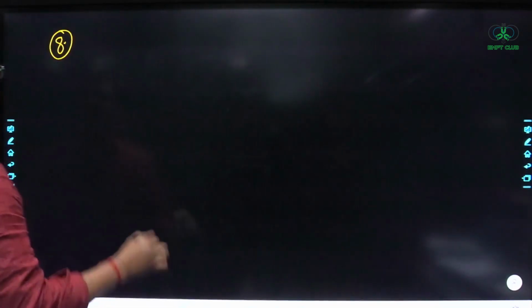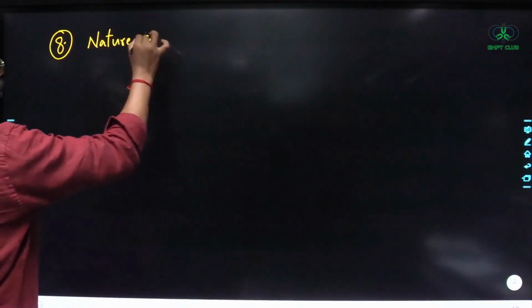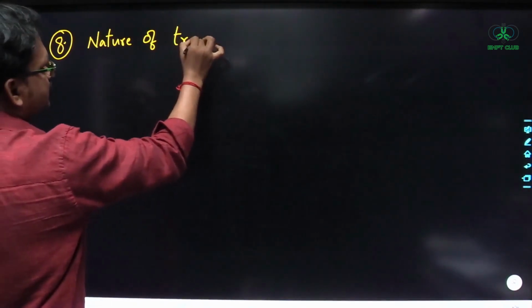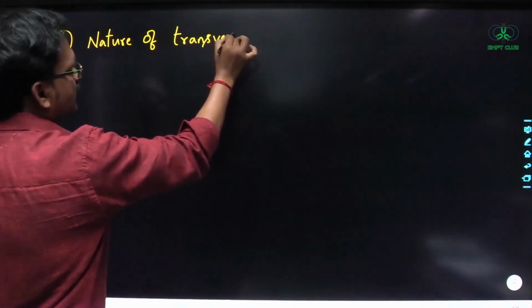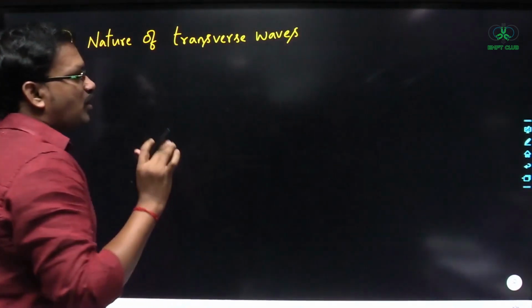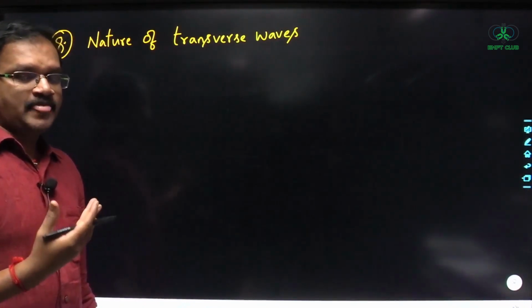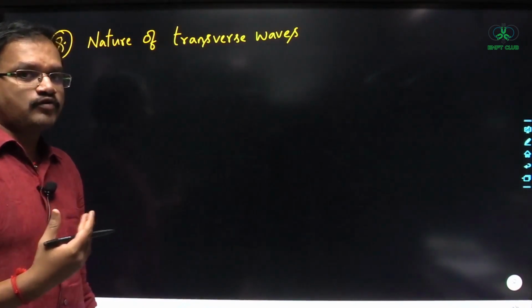The 8th topic is the nature of transverse waves. Here we are going to study the properties of transverse waves, how the transverse wave looks, and how we can represent this transverse wave mathematically.